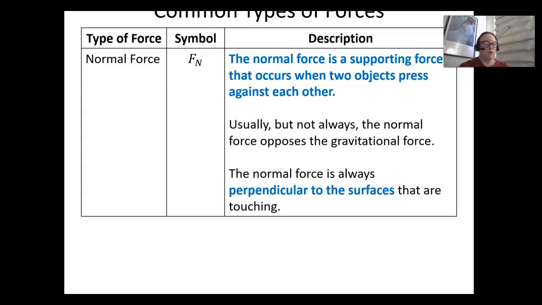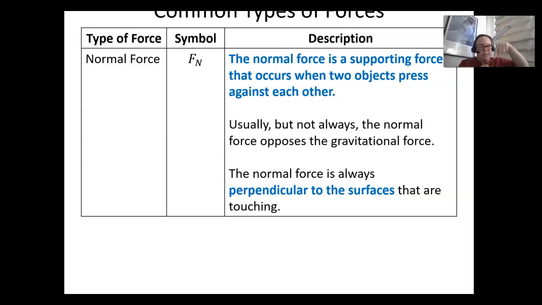Another common type of force is called the normal force. The normal force is a supporting force that occurs whenever two objects are pressed against each other. It is very common that the normal force opposes the gravitational force. So if I'm standing on the floor, the floor is supporting my weight.